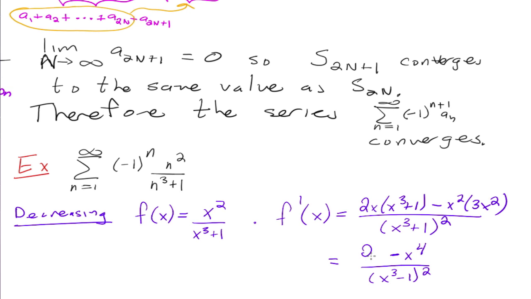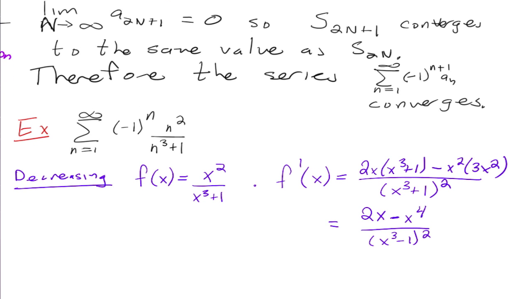And then I get 2x right there. Yes? So I simplified it in one step, but that's okay, right? The denominator is always positive, so this is less than 0 when 2x minus x to the 4th is less than 0, which means that x to the 4th has to be greater than 2x.